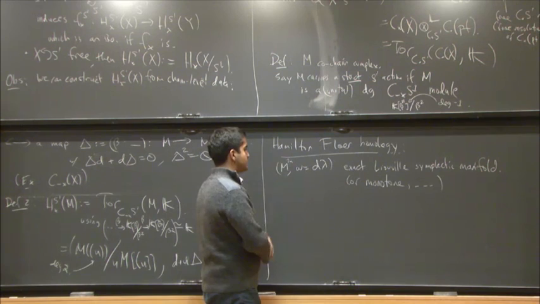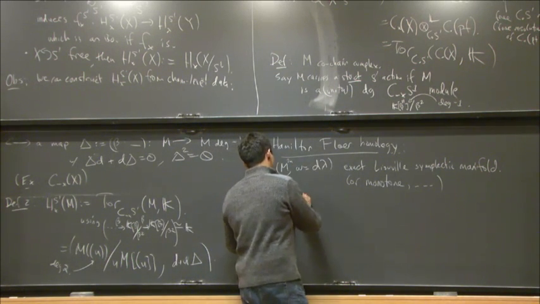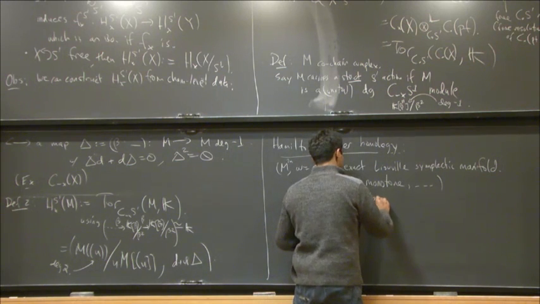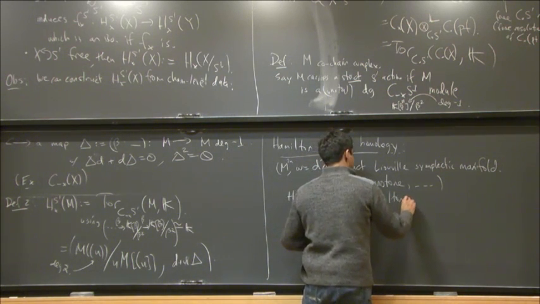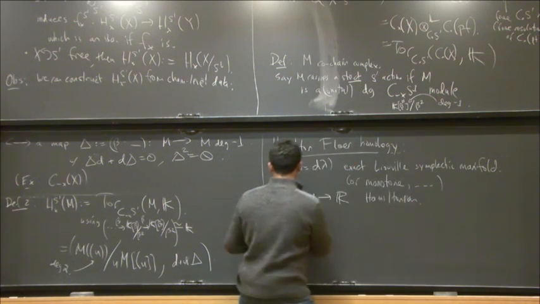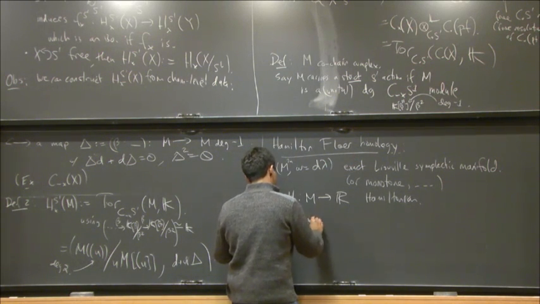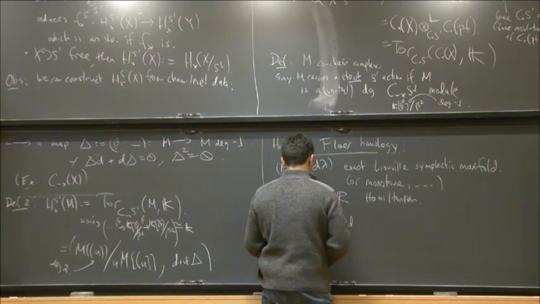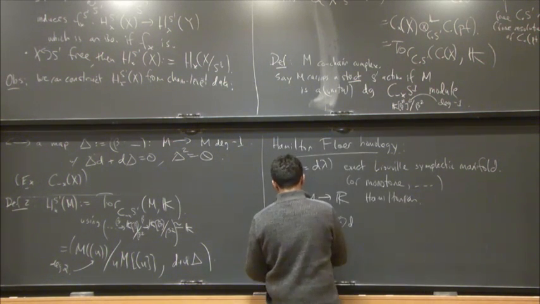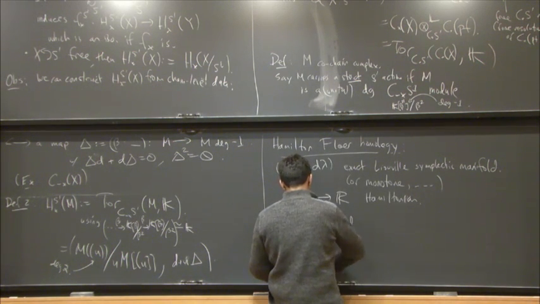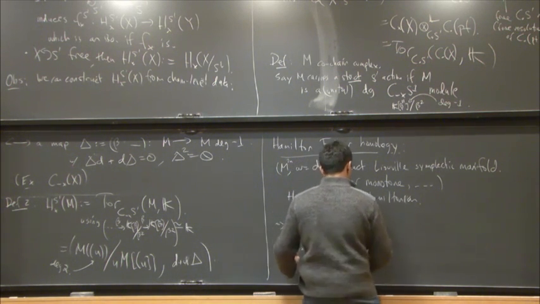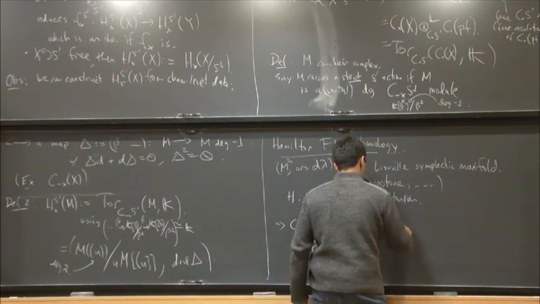OK, so let's say I have a setting like this, and I pick a function, a Hamiltonian. Then, of course, I have the Hamiltonian Floer complex of H. OK, so it's the Morse complex, very formally.